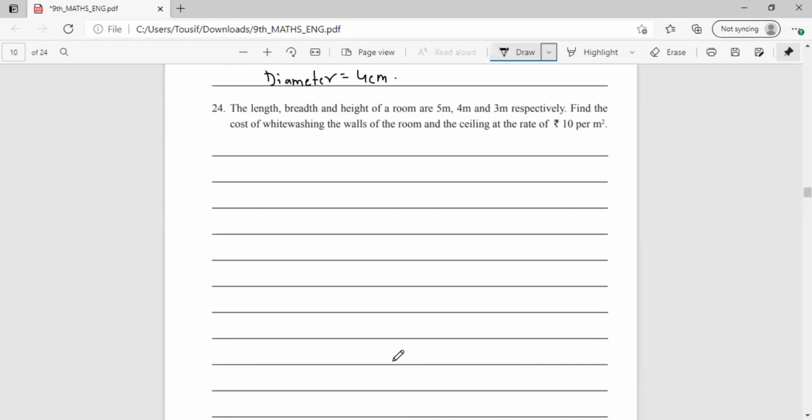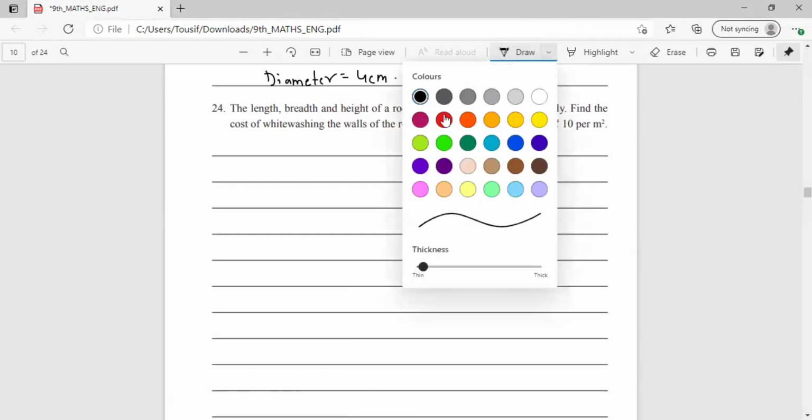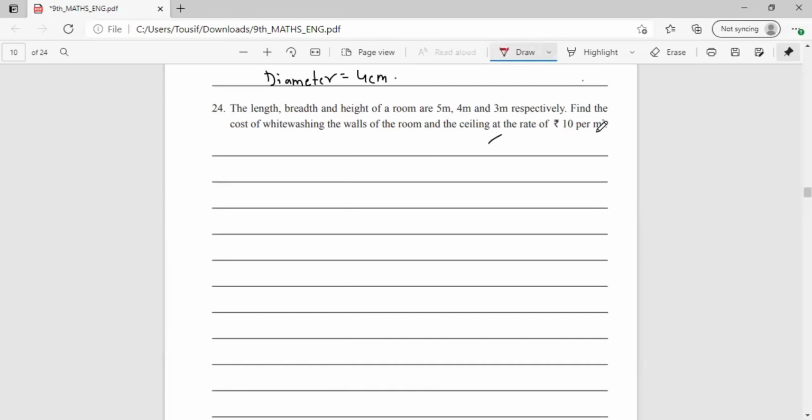For the cost they give the unit meter square. Any unit in the form of a square is the unit of area. So first we need to find out the area, then we can find out the cost.